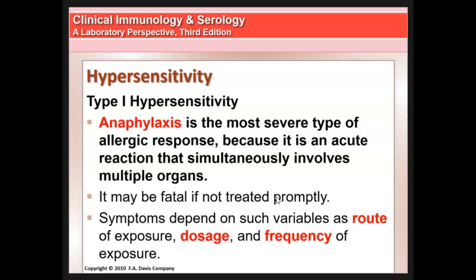There are about 4 things. 1, the number of IgE-coated mast cells or the buildup of IgE from previous exposure. 2, the massive release of histamine. 3, bronchoconstriction, and 4, irreversible shock or swelling.